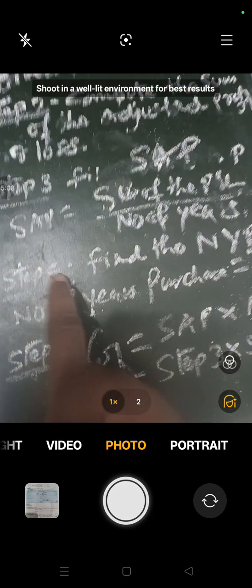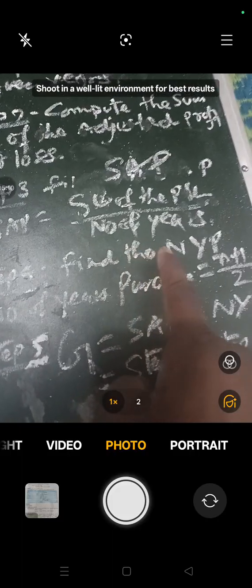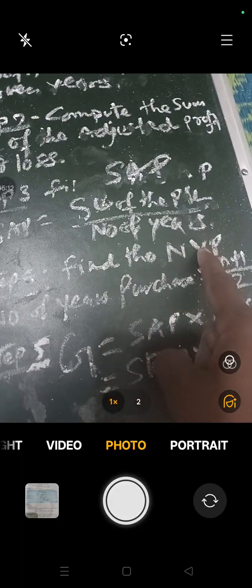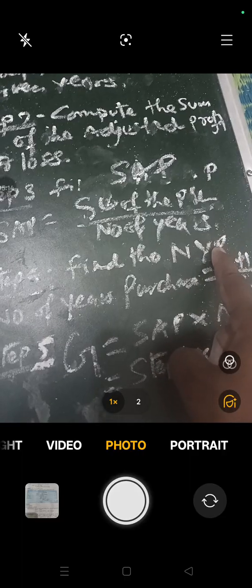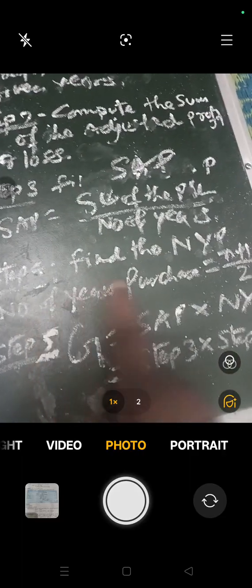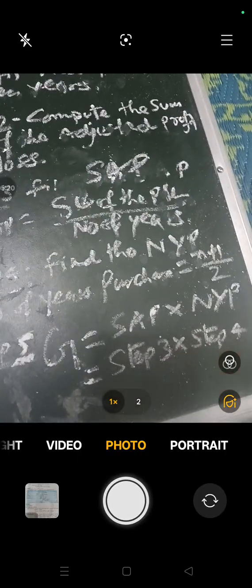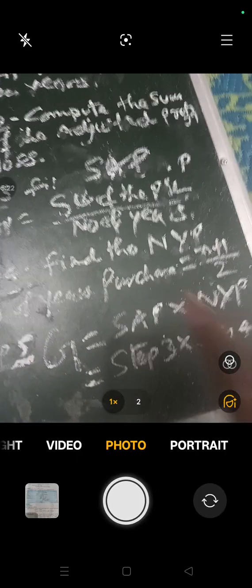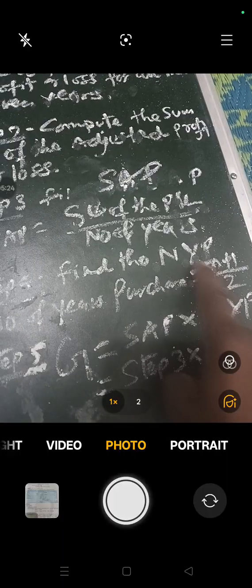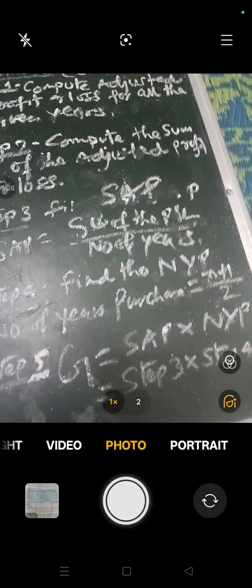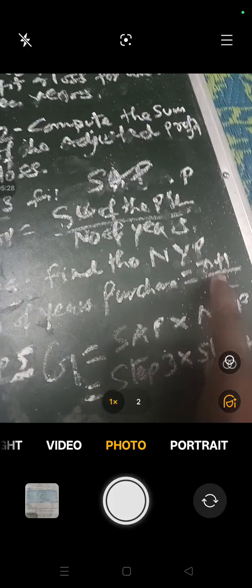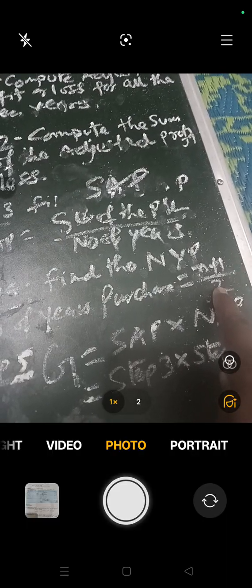Now step 4 says: find out the NYP. NYP means number of years purchase. The formula is (n plus 1) by 2, where n means number of years. Suppose the number of years is 5, so (5 plus 1) by 2 equals 3.